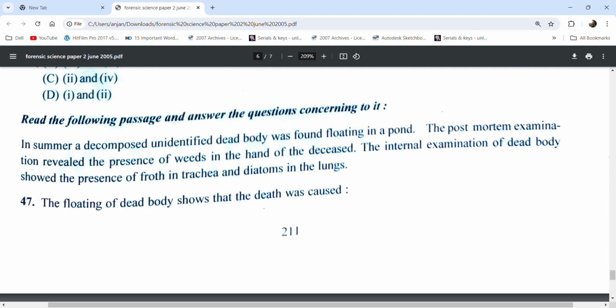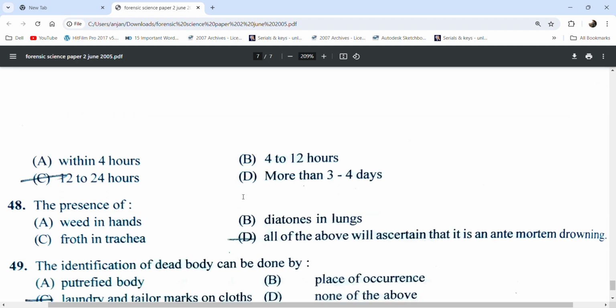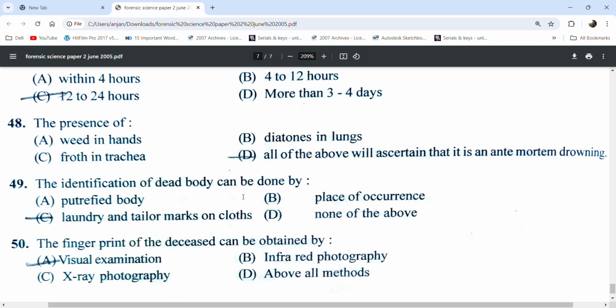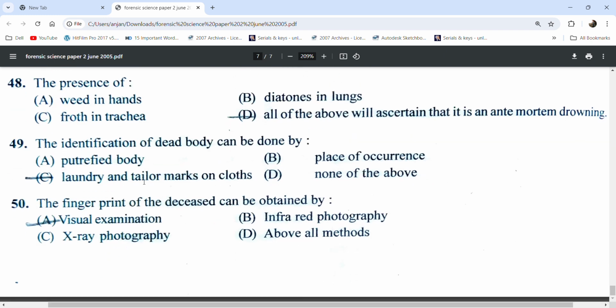The floating of the dead body shows that death was caused 12 to 24 hours earlier. The presence of weed in hand, diatoms in lungs, froth in trachea, all of the above will ascertain that it is an ante-mortem drowning.